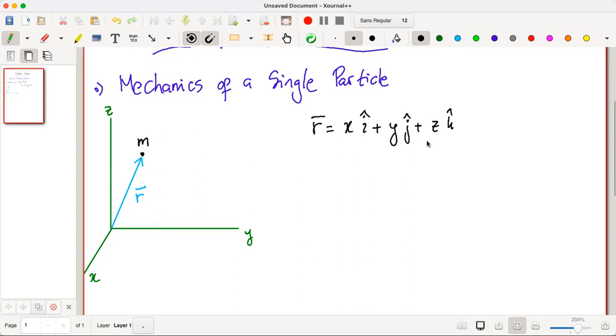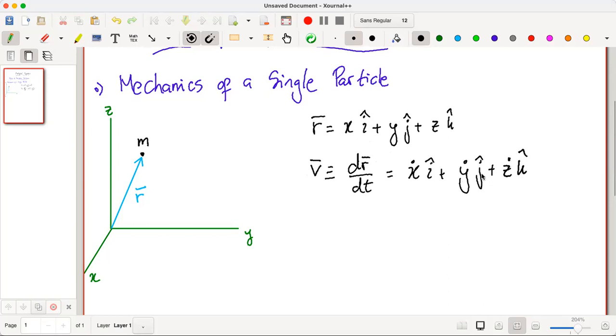From Newtonian mechanics, we know that once we know R, we can always calculate the velocity of the particle. The velocity is just the first derivative of R with respect to time. In the Cartesian coordinate, this is just x dot i plus y dot j plus z dot k.